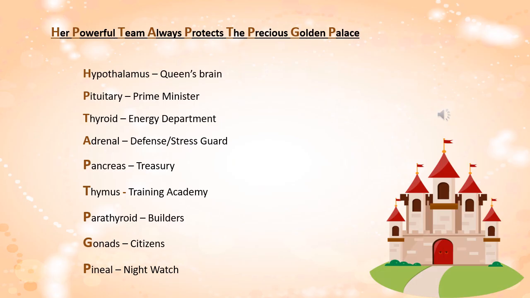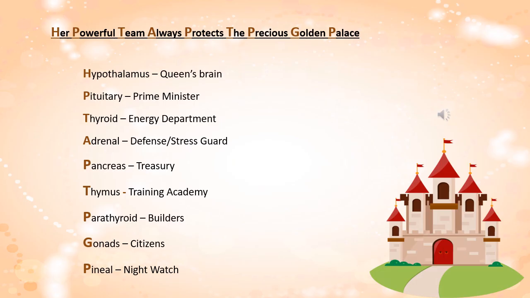The adrenal glands protect the kingdom during stress and emergency, helping the body react when danger shows up and manage stress when it doesn't. Down in the treasury, the pancreas manages the kingdom's currency, which is glucose, making sure that every cell has the energy it needs, but not too much. Your parathyroid builders maintain the kingdom's infrastructure by balancing calcium so that bones, nerves, and muscles can work properly.